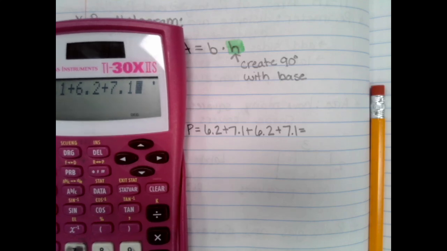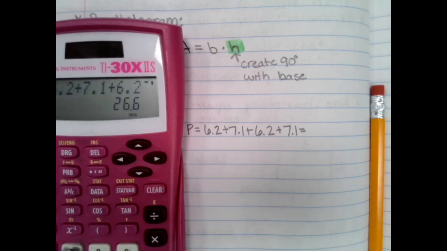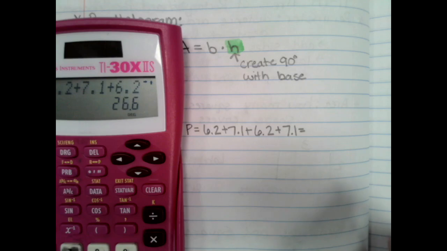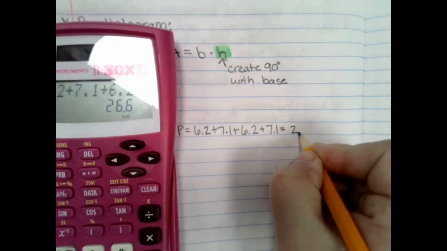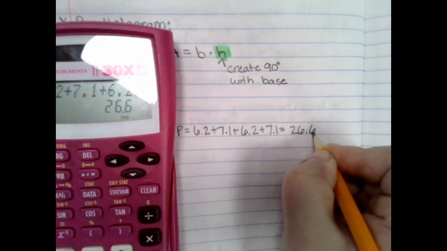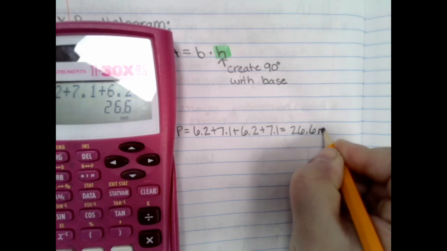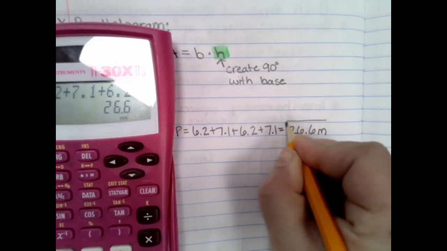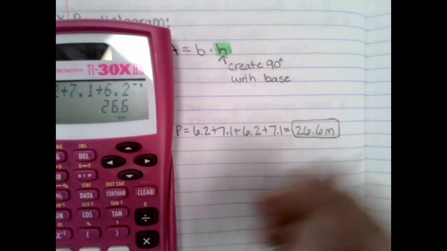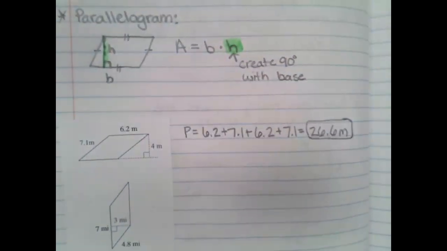We get 26.6. And how are you going to label this? Meters. Because on this picture it has meters, but you're right not to say the square part, which was the important part.